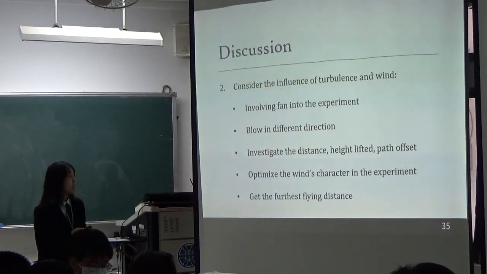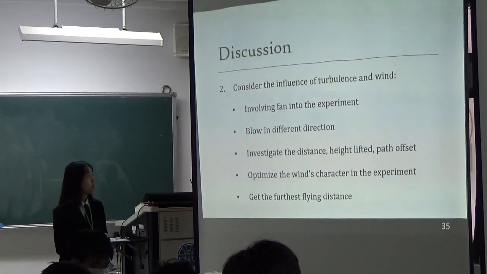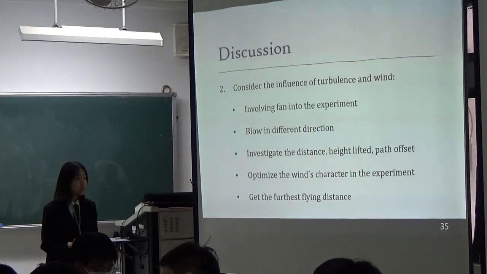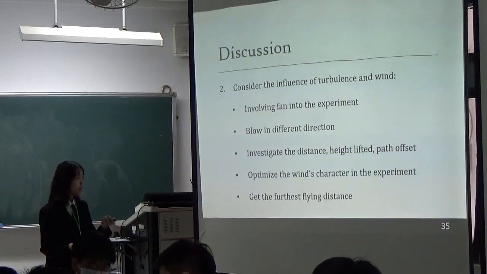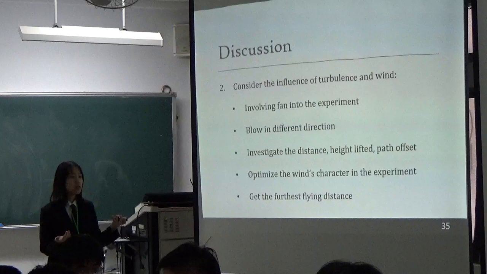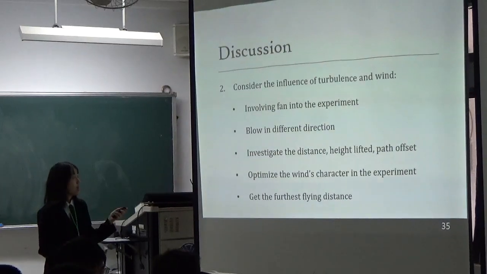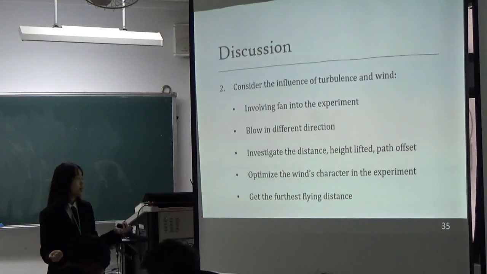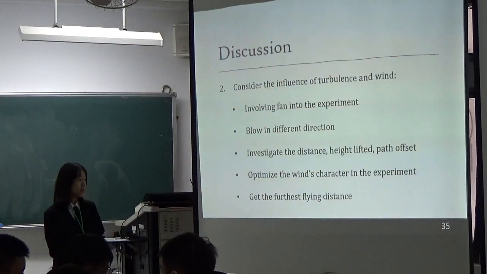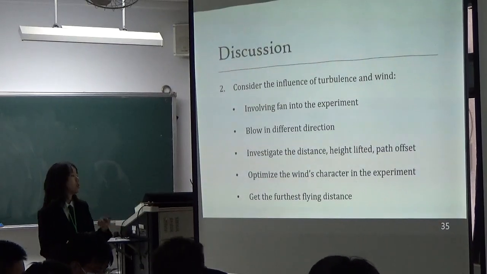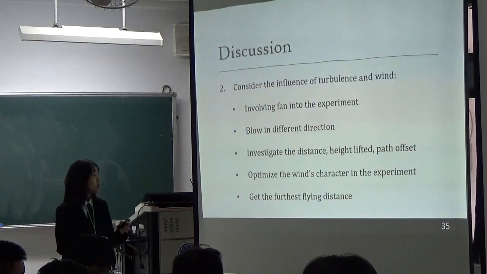Second, I think I should consider more the influence of turbulence and wind. In further experiments, I can involve a fan to see whether winds affect the flying or not. I can try to blow in different directions to investigate the distance, the height lift, and also the path offset when different kinds of wind or turbulence affect this phenomenon.